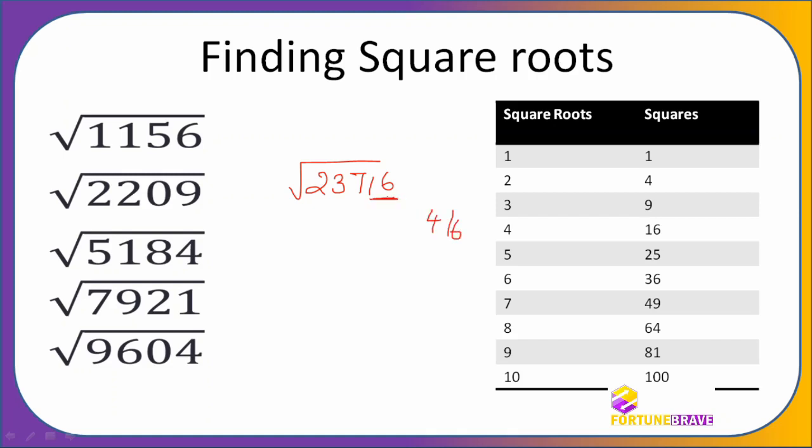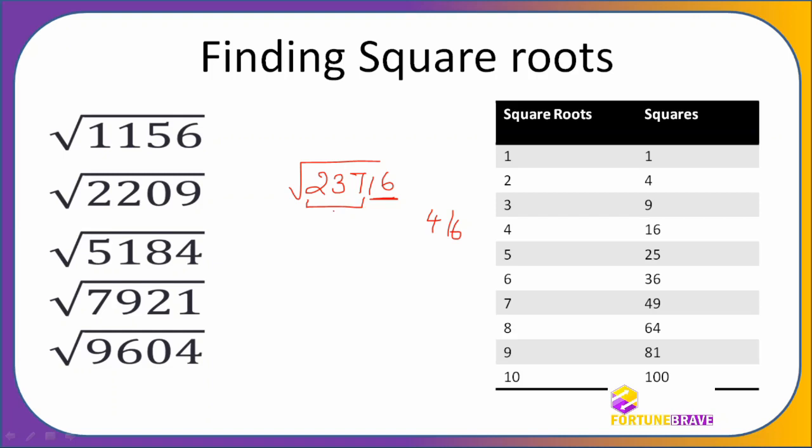The last digit will be 4 or 6. Now there is 237. When you want to do this for more than 2-digit numbers, you need to know squares beyond 10. If you know up to 20, you will be able to find out up to 200. If you know up to 30, you will be able to find out up to 300. So if you do not remember, you can use my squaring method and find out.